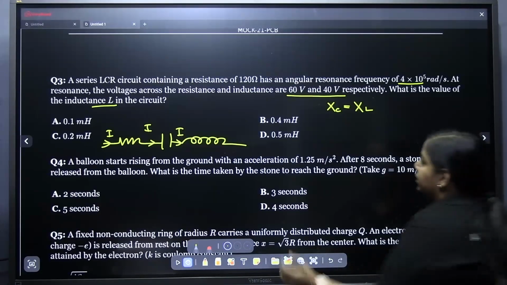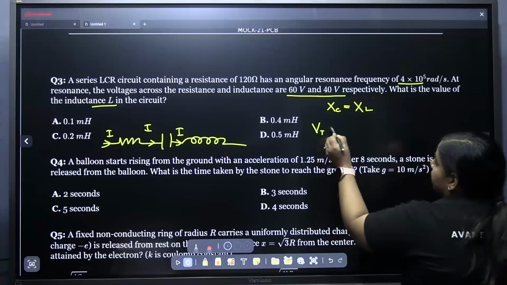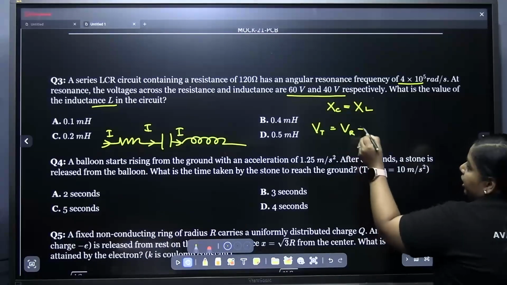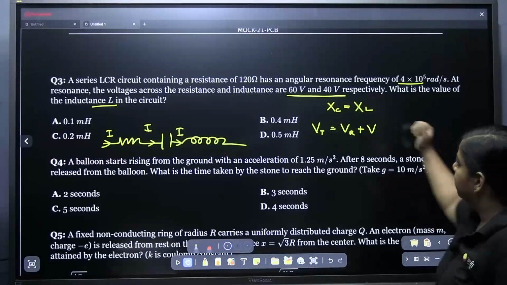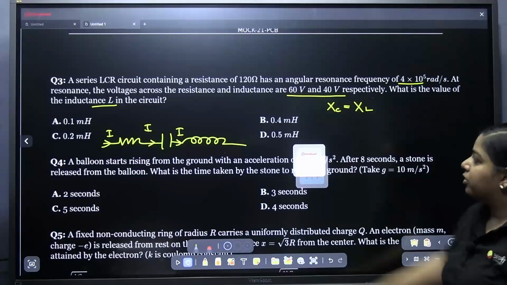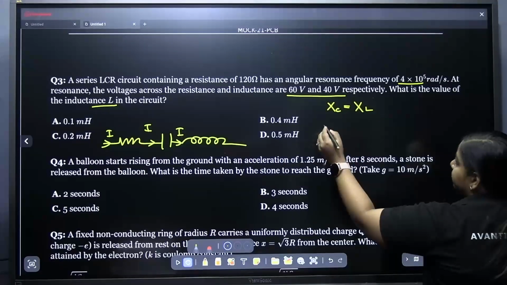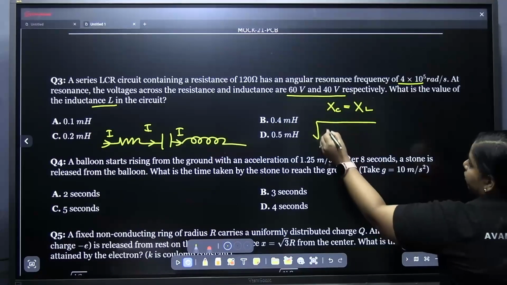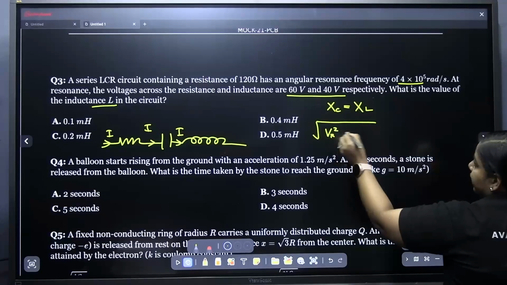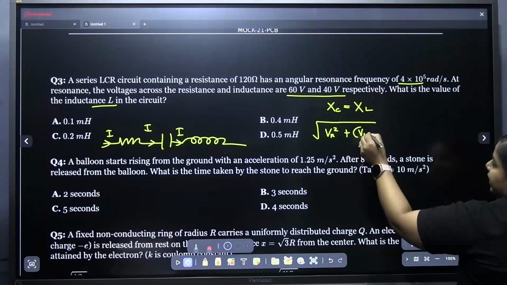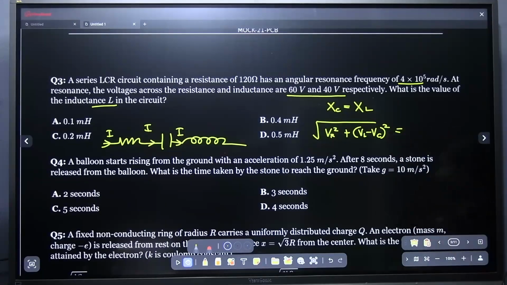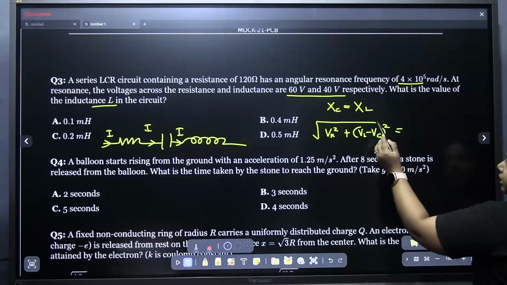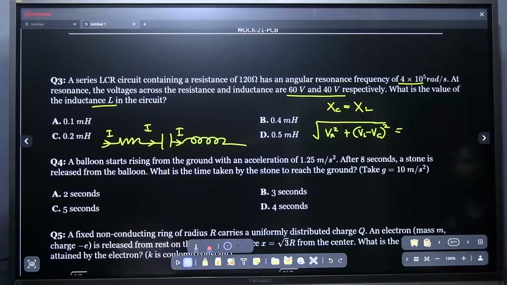So total potential is equal to the root of VR square plus VL minus VC the whole square. This will be our total potential.